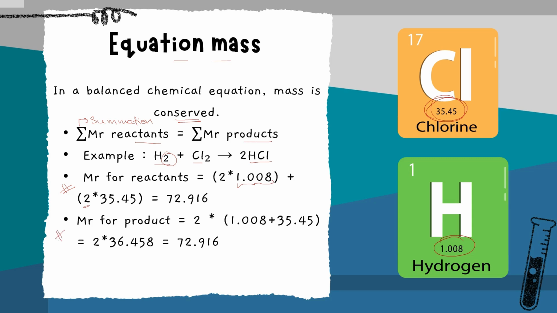Now Mr for product is equal to 2 molecules of HCl. 2 into hydrogen has mass of 1.008 plus chlorine has mass of 35.45, which comes out to be 72.196. Both of them are the same, hence mass is conserved.